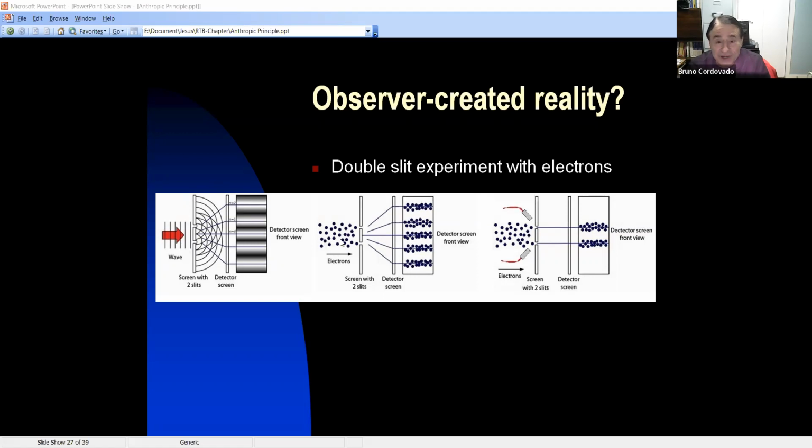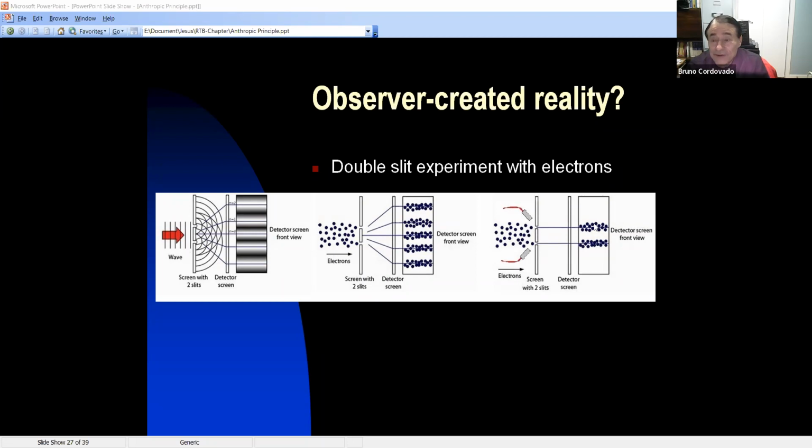Now, when you shoot electrons, an electron is considered to be a particle, but it turns out it's also a wave, because the pattern it produces when it hits this detector is the same as if it was a wave. You have different bars at different locations. But if you actually shine a light or a sensor here that looks at these electrons, and you only fire one electron at a time, so that you can tell, I fired the electron, oh, this one went through this hole.